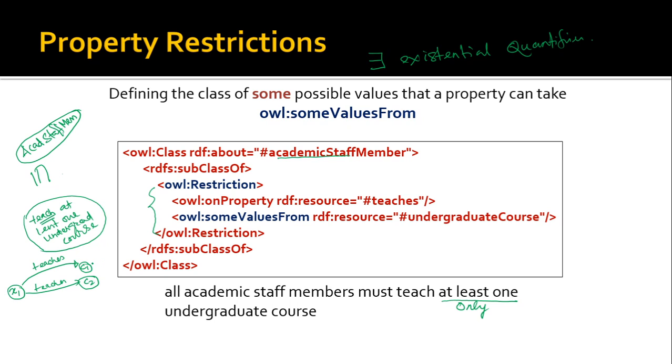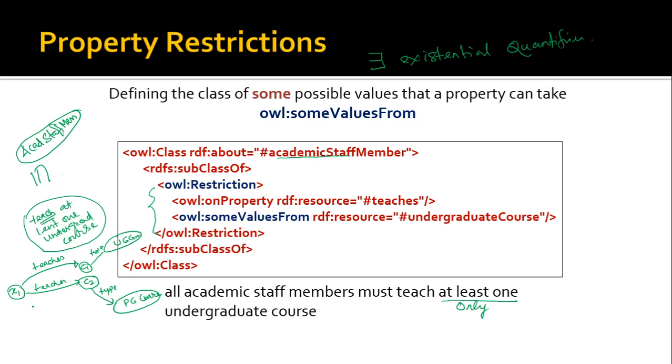Now I'm mentioning that c1 is a type of UG course. We can say that c2 is also a kind of UG course, but let us try to name it as one PG course. So this is one example.